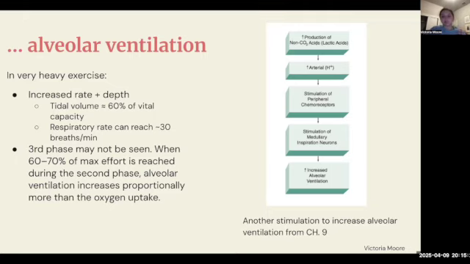So that acid will be broken down by the hydrogen ions, which will stimulate the peripheral chemoreceptors in your body. So this diagram towards the right is another stimulation to increase alveolar ventilation from chapter 9. I left off at the stimulation of the peripheral chemoreceptors. After that, it will stimulate the medullary inspiration neurons, and then that will lead to an increase of alveolar ventilation.